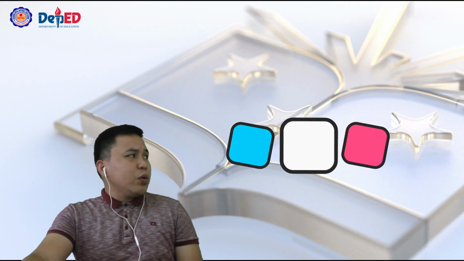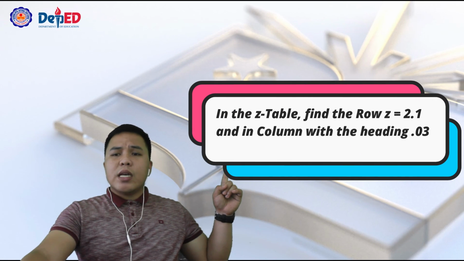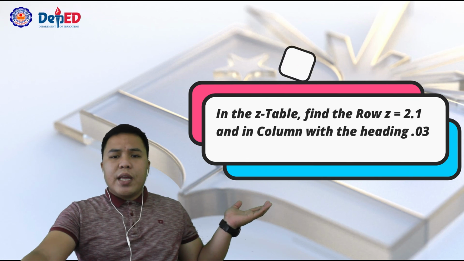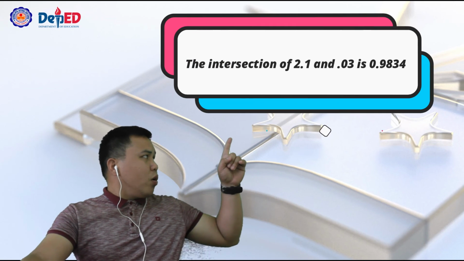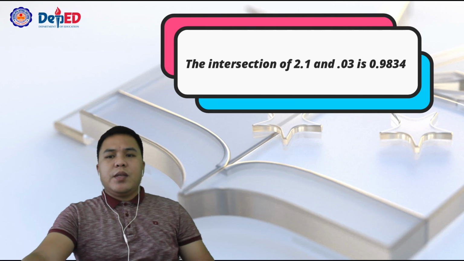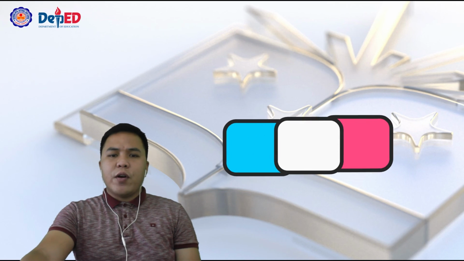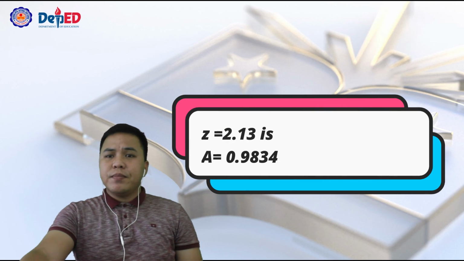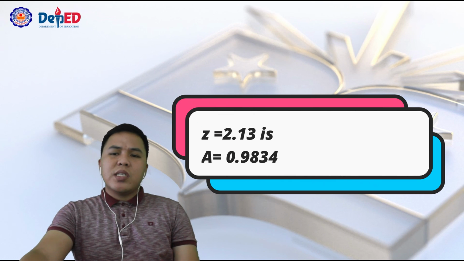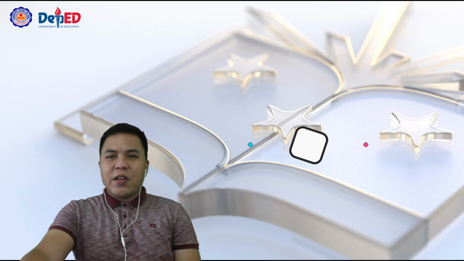Now for step number 2, let's use the table and let's find the row with z is equal to 2.1 and a column with heading 0.03. So 2.1, 0.03. What is the intersection? Yes, the intersection is 0.9834. Now what does it mean? Yes, thus the area that corresponds to z is equal to 2.13 is 0.9834.